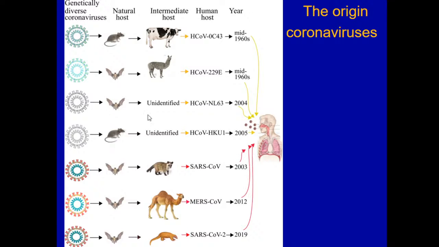The viruses indicated with yellow arrows are those that cause very mild disease in humans, and those with red arrows are those that cause quite severe diseases in humans. And all the new coronaviruses, SARS-CoV, MERS-CoV, and SARS-CoV-2, are labeled as red.